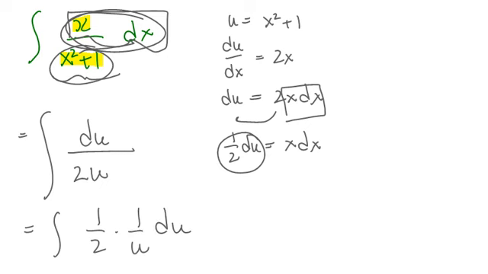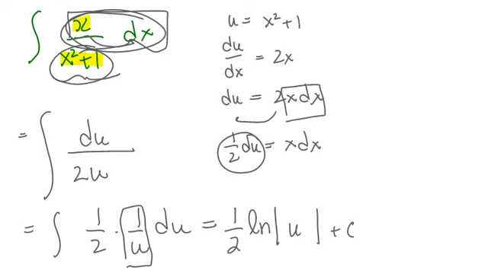Just writing it in little pieces so it might be easier for you to see what the original function was. So this is the derivative, which means that the original function must have been the natural log function. So I've got the half and the natural log. I'm going to make sure I take the absolute value, which is u, plus c.